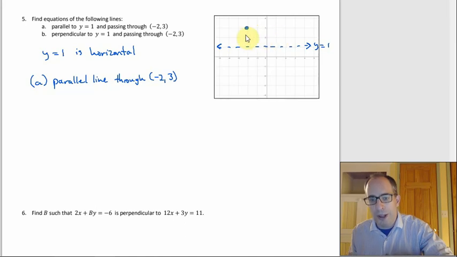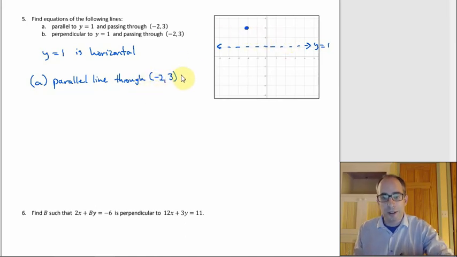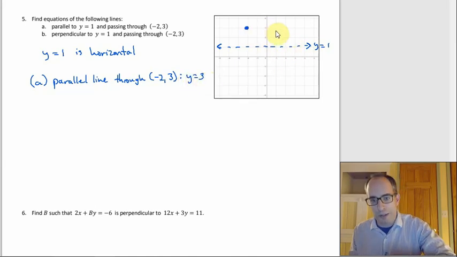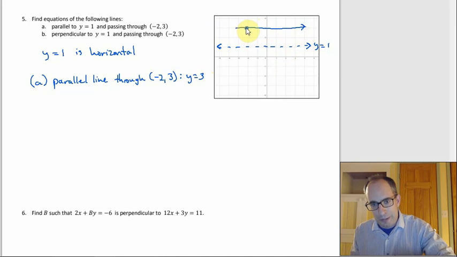So a parallel line should just be another horizontal line. It's got to go through that point. So it looks like y equals 3 would go through that point, since that's the y coordinate of the point, and that's about all you need here. So y equals 3, which I guess I could draw in. I'll draw this one in not dotted. So there's y equals 3.